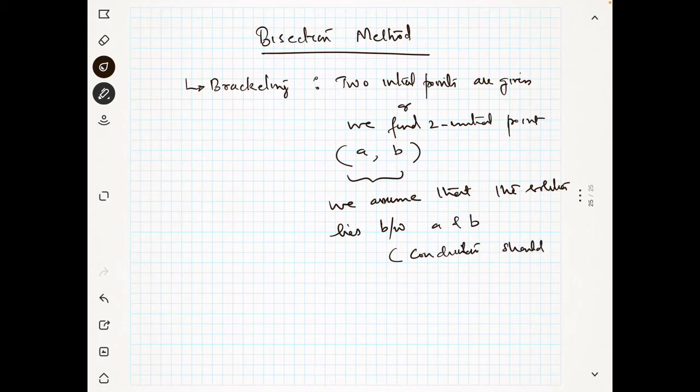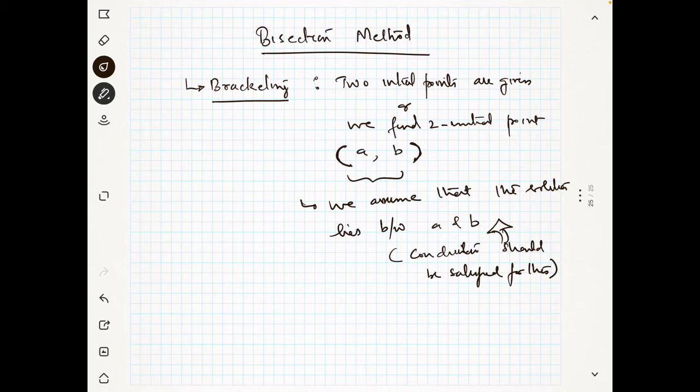It is not a simple assumption. So we assume that the solution is between A and B, and some condition should be satisfied for the above statement. What is that condition? That we will discuss later. So this is a bracketing method. That's why we are using a bracket, that is, the solution is between A and B.